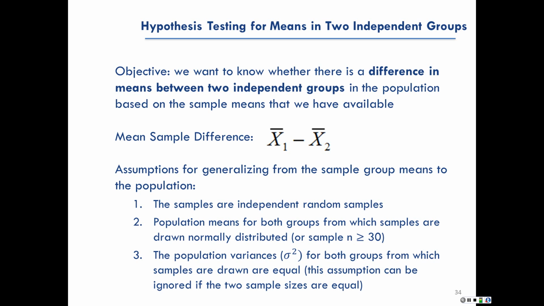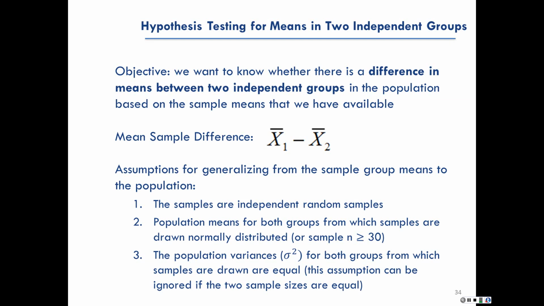We have some assumptions for generalizing from the sample group means to the population. First of all, that our samples are independent and random samples. Secondly, that the populations from which the samples are drawn are normally distributed, or that the sample sizes are 30 or greater based on the central limit theorem.